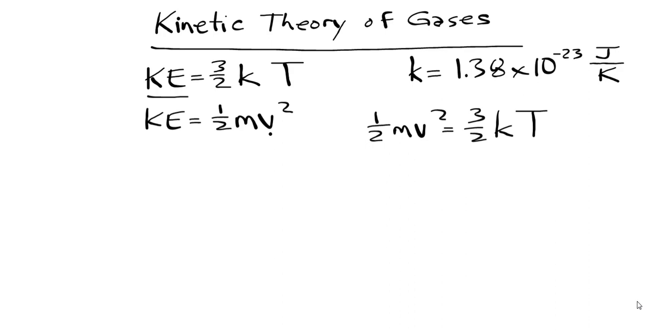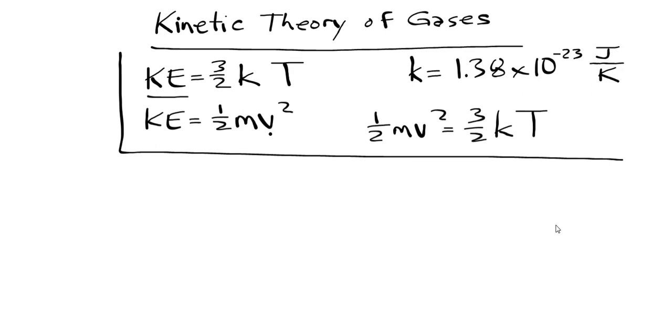useful. Now let's be clear, the formulas that we looked at up in this section are for a single molecule, and if we want to talk about a group of molecules, so a volume of a gas, we have to make a slight change here.